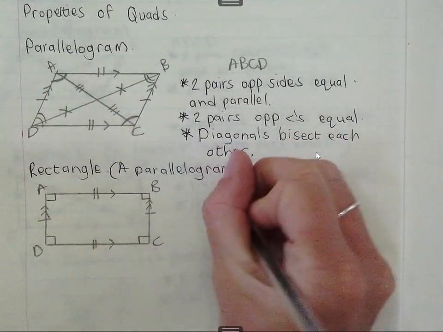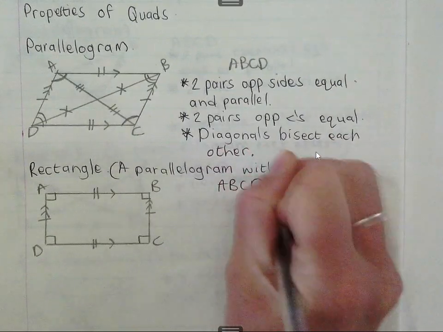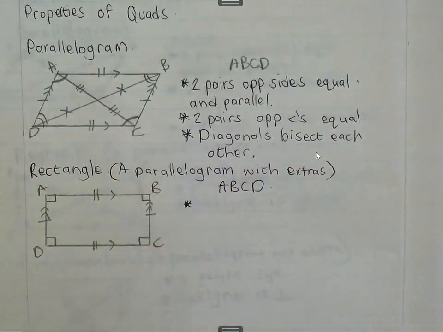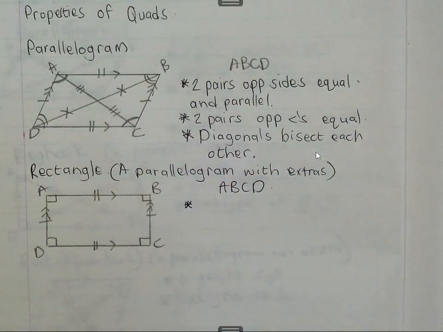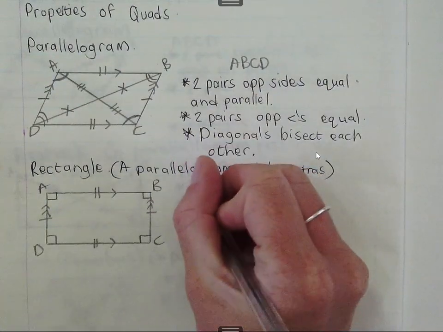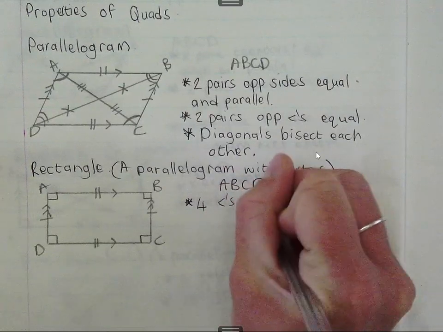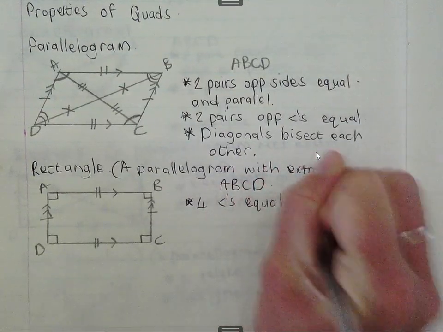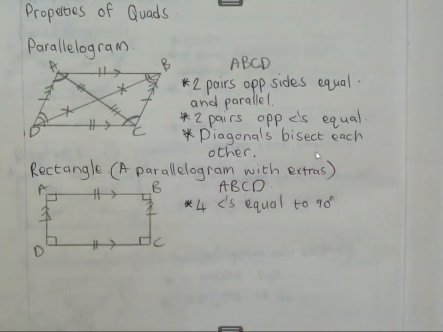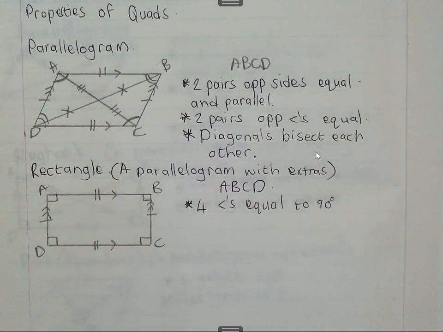In this rectangle ABCD, along with the parallelogram properties, it's got four angles equal to 90 degrees. That's added special.